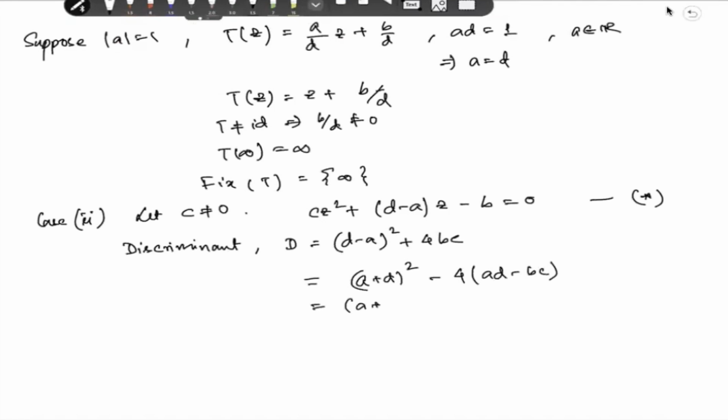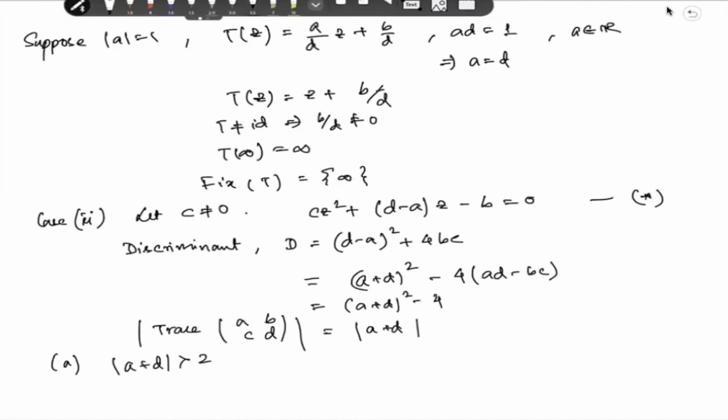So we have (A plus D) whole squared minus 4. And mod of the trace of this matrix ABCD is mod of A plus D. Now the subcase A: if I assume mod of A plus D is greater than 2, the discriminant will be greater than 0.